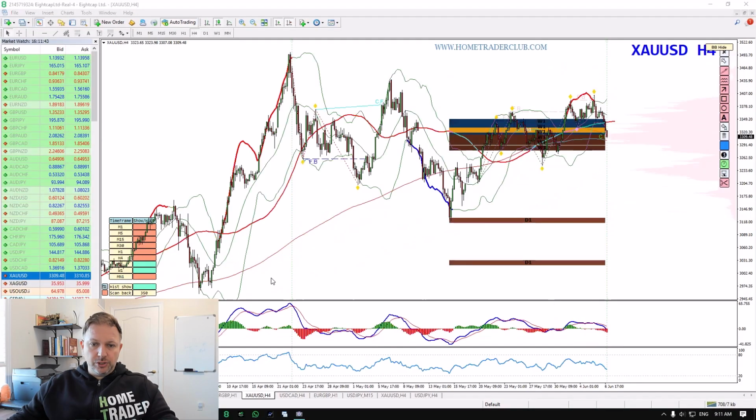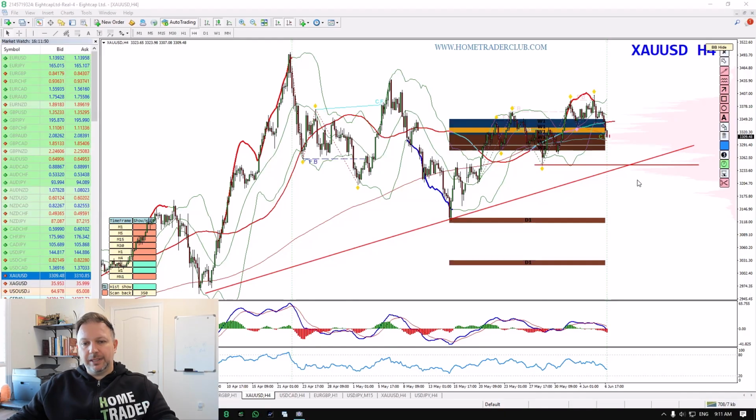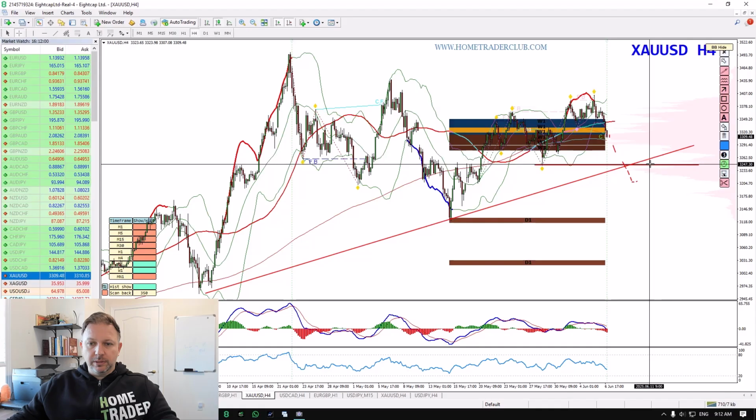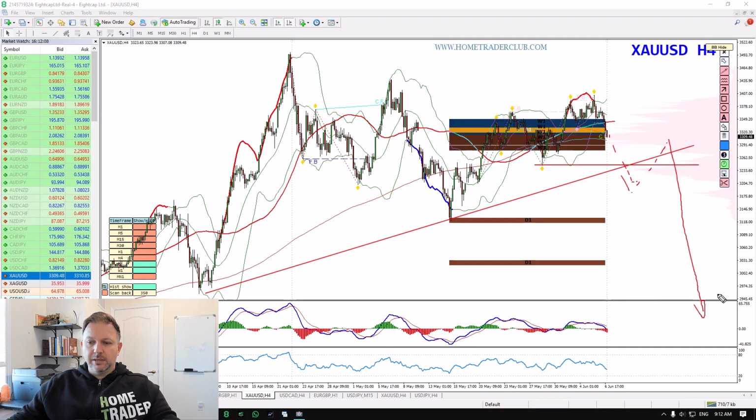Scenario one, which is the key one, the way I see that, we have a trend line here and we have this low. If the gold manages to place itself below the trend line and the key low here around the 3250 level and manage to hold there, we can talk about sell the rallies for the longer term, potentially going down below 3000.